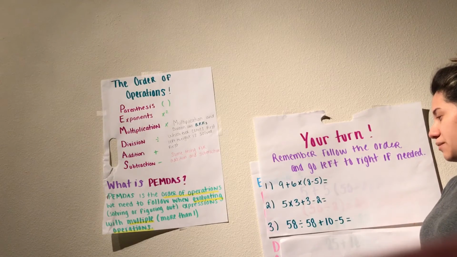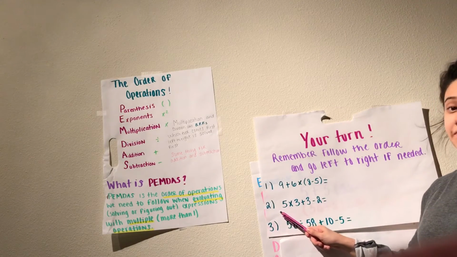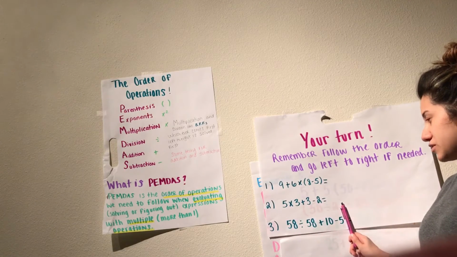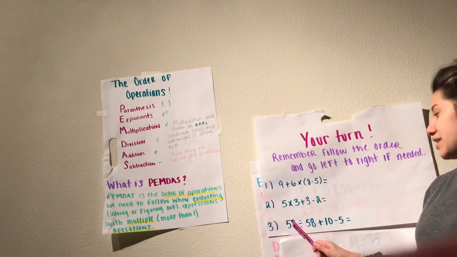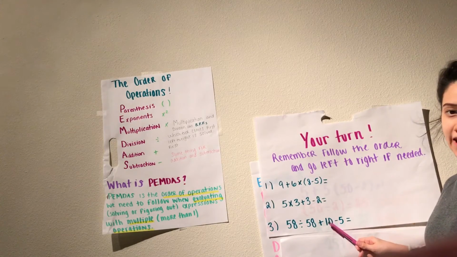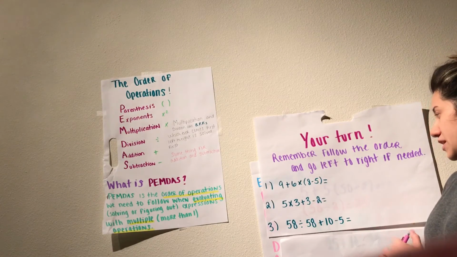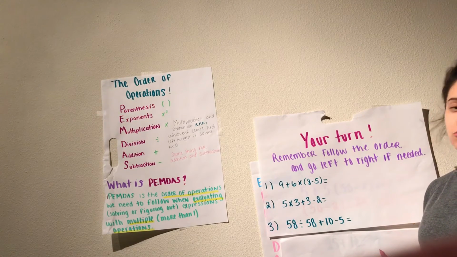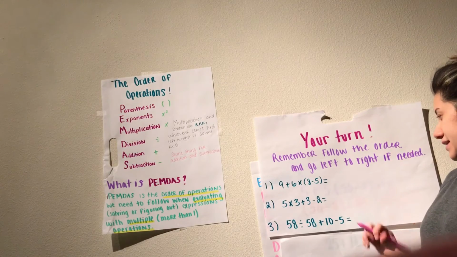That's going to be our first problem. Our second problem is 5 times 3 plus 3 minus 2 equals. And then our last practice problem will be 58 divided by 8 plus 10 minus 5 equals. And with these ones, we'll have 15 minutes to do, so I will check up on you guys in 15 minutes.